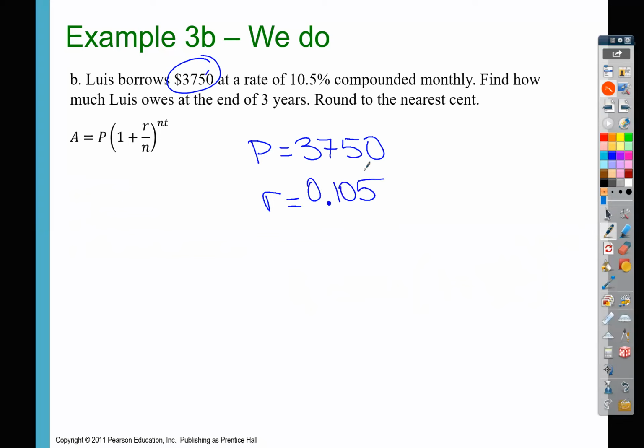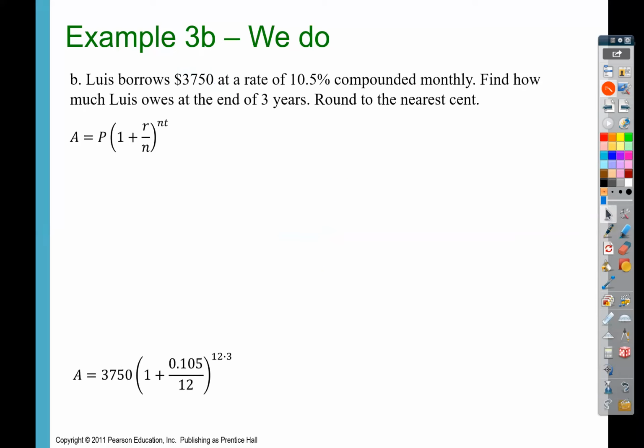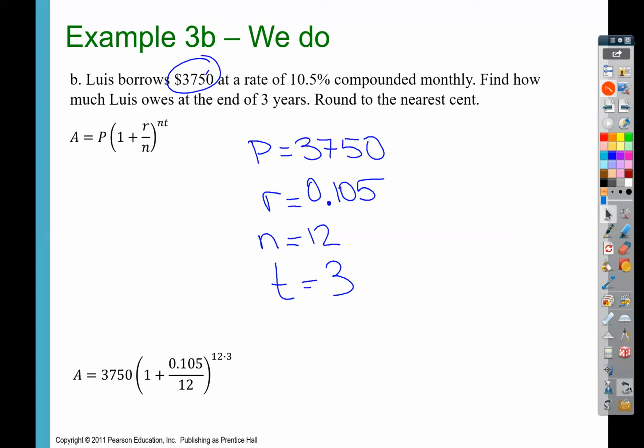So move your decimal over. Compounded monthly. Find how much he owes at the end of 3 years. So I'm going to set all that up into this formula. And then when you solve it on your calculator, you should get $5,131.44.